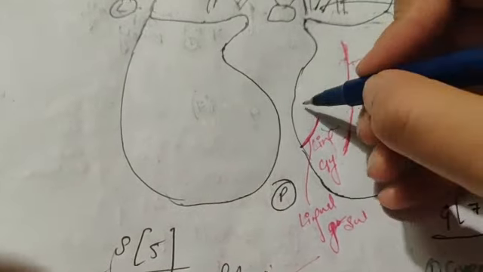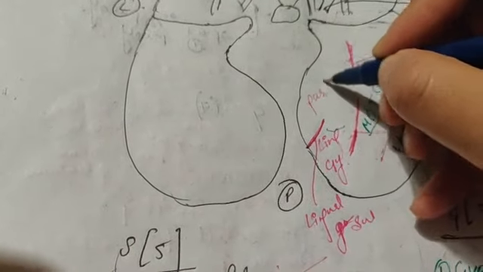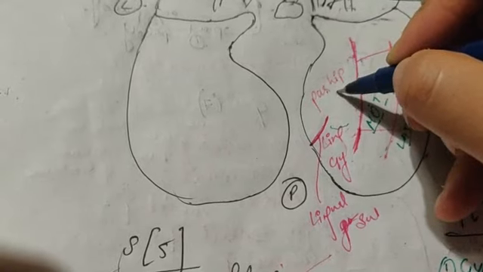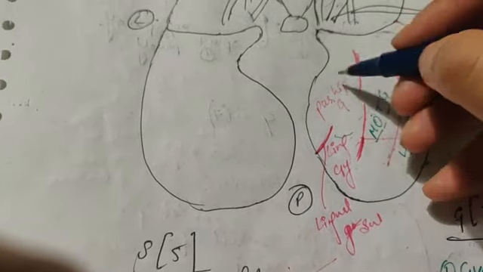On top of that we have the parahippocampal gyrus, and anterior to that, we have the uncus.